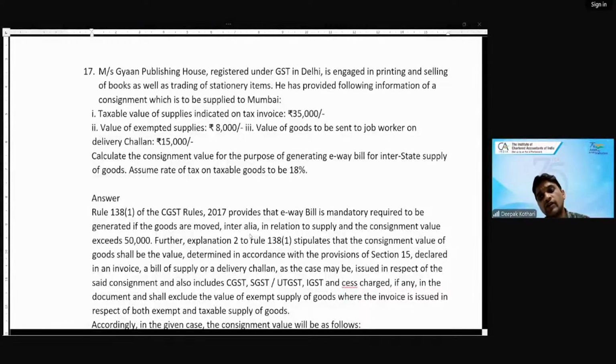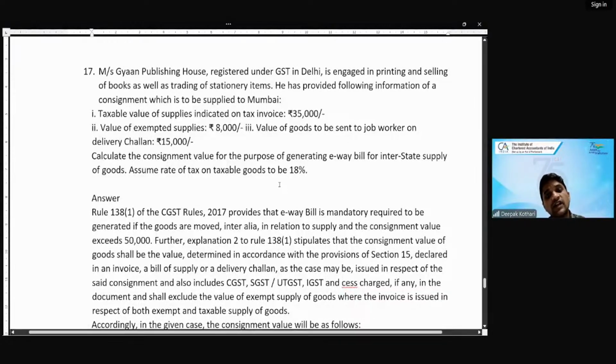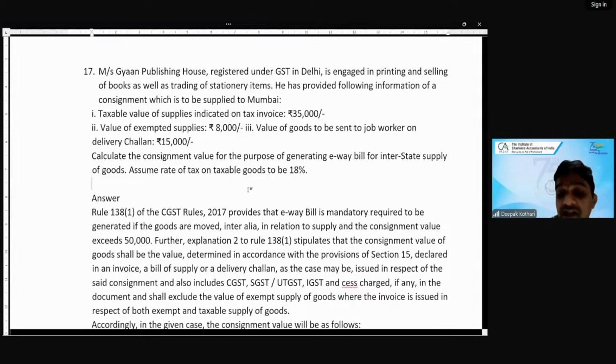Pooja, required to generate e-waybill, okay, but what is the consignment value? Calculate the consignment value. Don't get deviated and give your judgment in your answers. You don't require judgment. You require precision and calculation. Right, consignment value 59,000, like that.